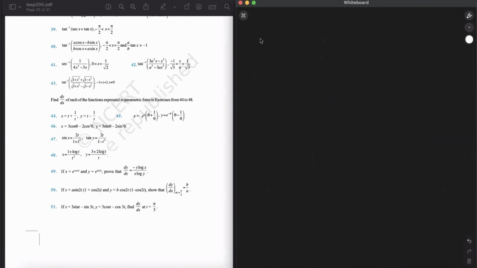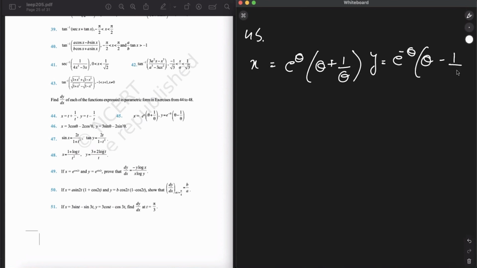Question number 45. It has been given to me that x is equal to e raised to the power of theta into theta plus 1 upon theta, and y is equal to e raised to the power of minus theta into theta minus 1 upon theta. Okay, so first of all I would like to differentiate this, dx upon d theta.